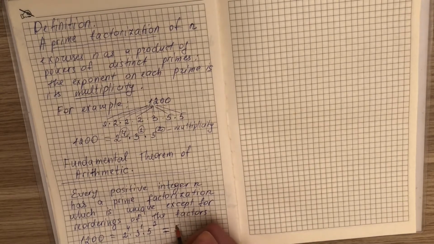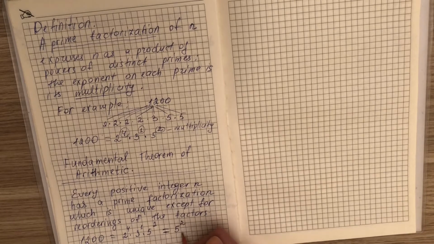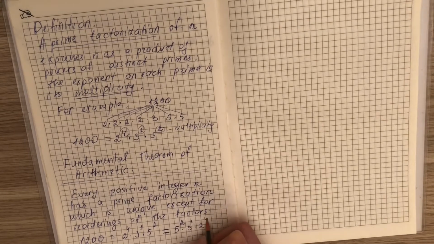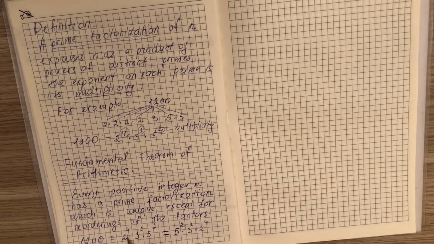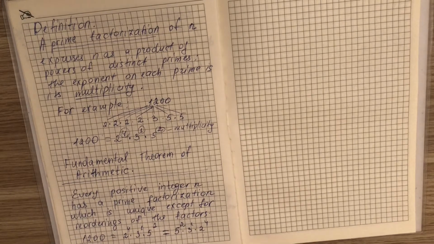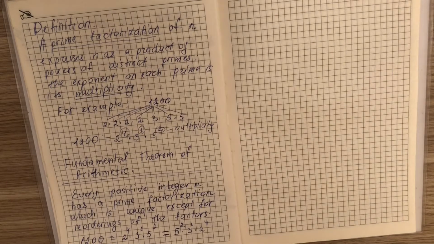If we write 5 to the 2 times 3 to the 1 times 2 to the 4, our result will be the same. It never changes.